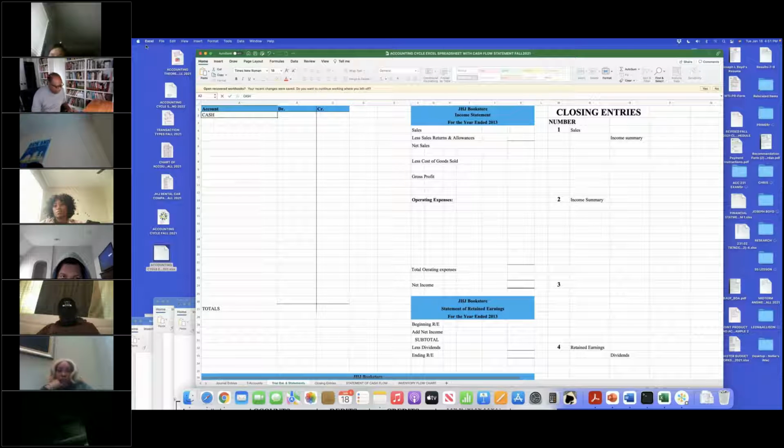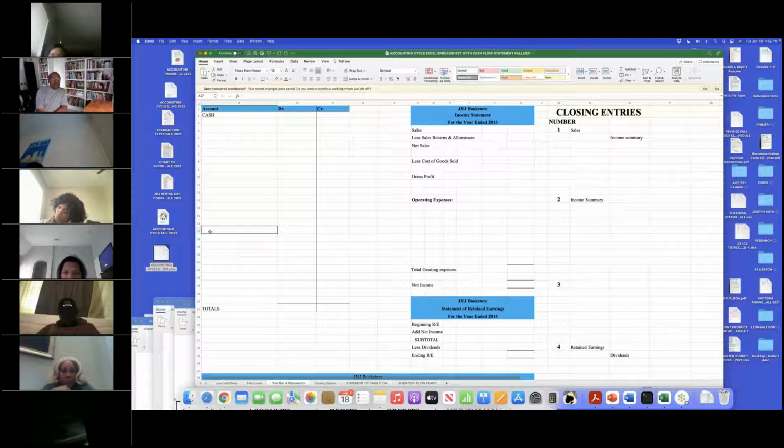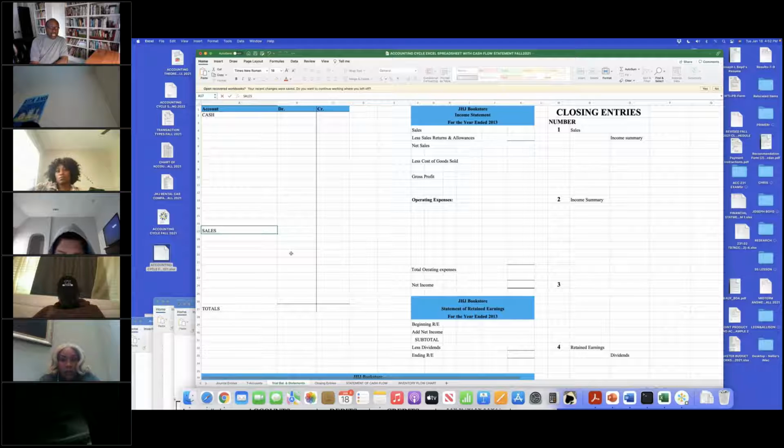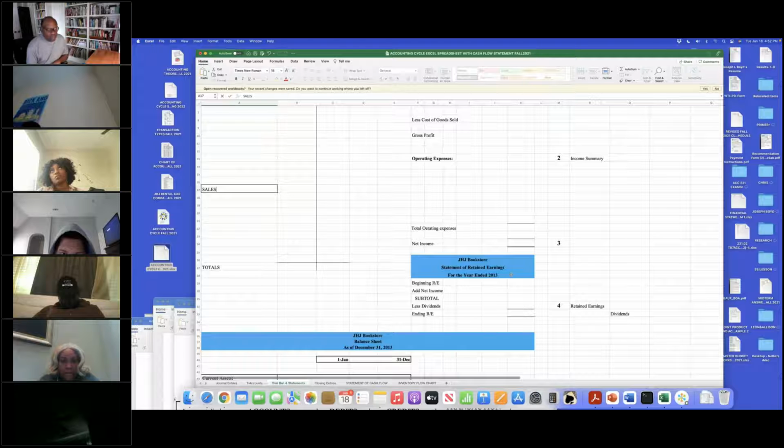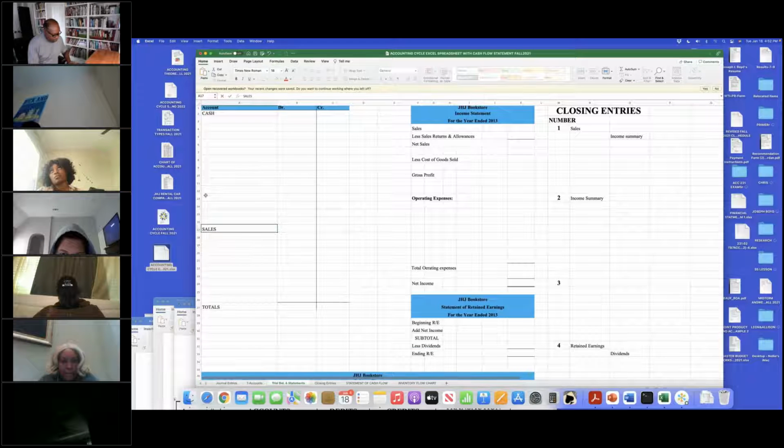So eventually we're going to have sales here. When we get ready to do an income statement, we can utilize the accounts from sales on down, just put them over here and get an income statement. Then we do a statement of retained earnings to see how much is left in the business. Somewhere in here will be retained earnings, and everything from retained earnings up goes on the balance sheet.